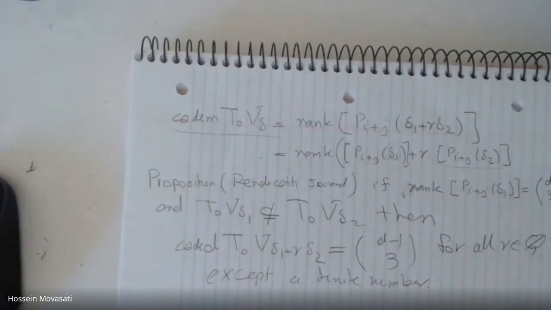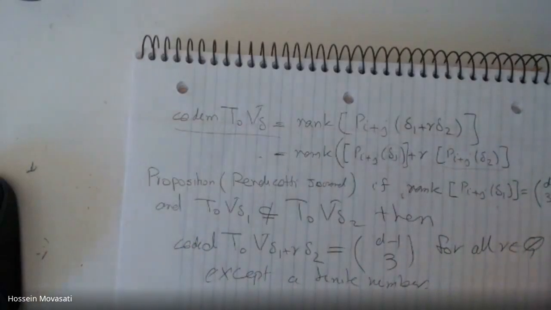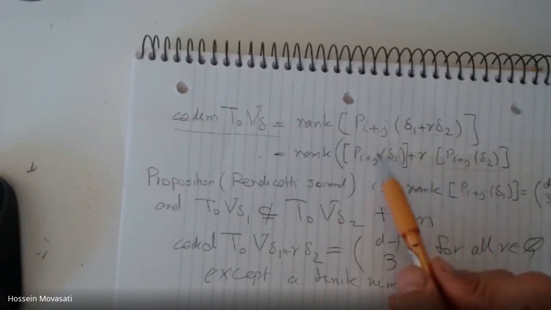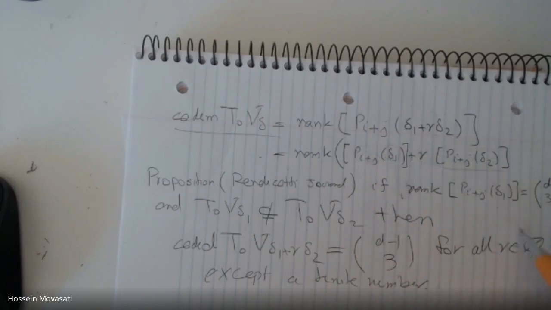This is really easy linear algebra. If you have two matrices and you make a linear combination of them, and you know that one of the matrices reaches the maximal rank, then for all except a finite number of values of R, it doesn't matter R Q or not, but because of the Hodge theory, we are just interested in R equal to Q.